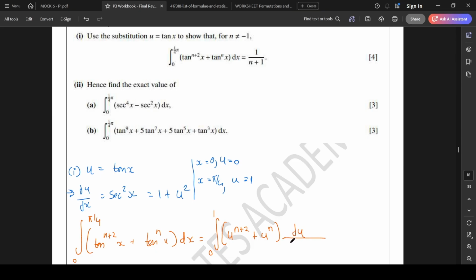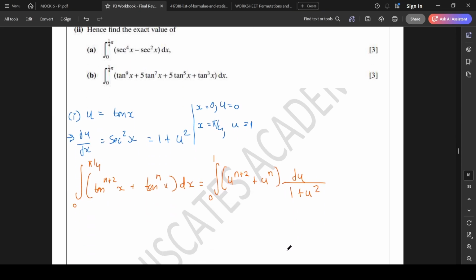Now how can I integrate this further? Clearly, you should be able to notice that u to the power of n, you can take as a common factor, but a lot of students struggle over here itself, that how can I proceed ahead after this?